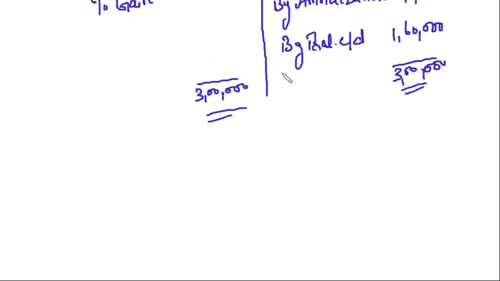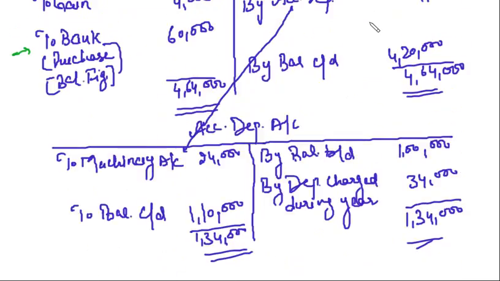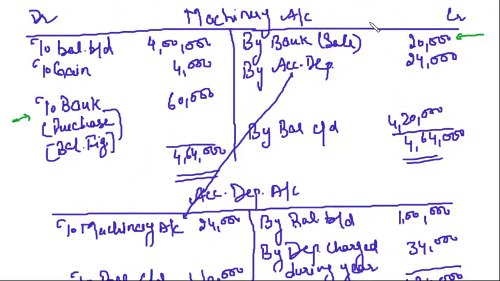Now if we talk of cash flow from investing activities, if we see the machinery account, I told you that there are two items to be considered. One is the purchase and one is the sale.